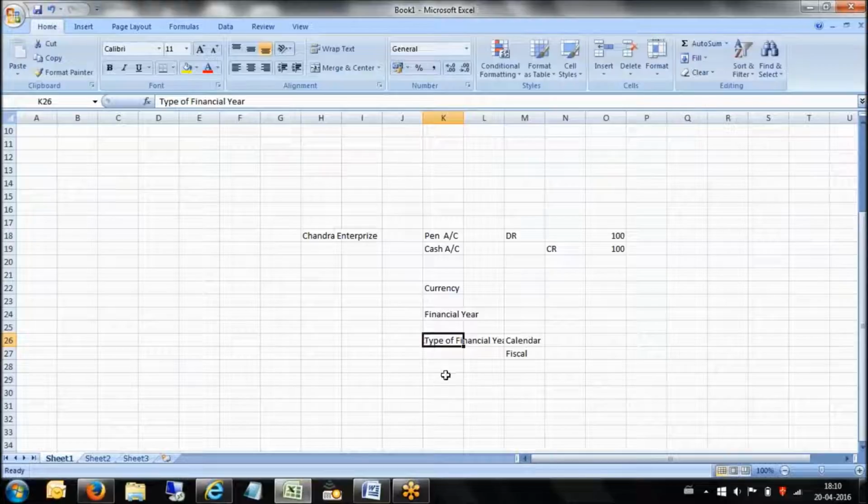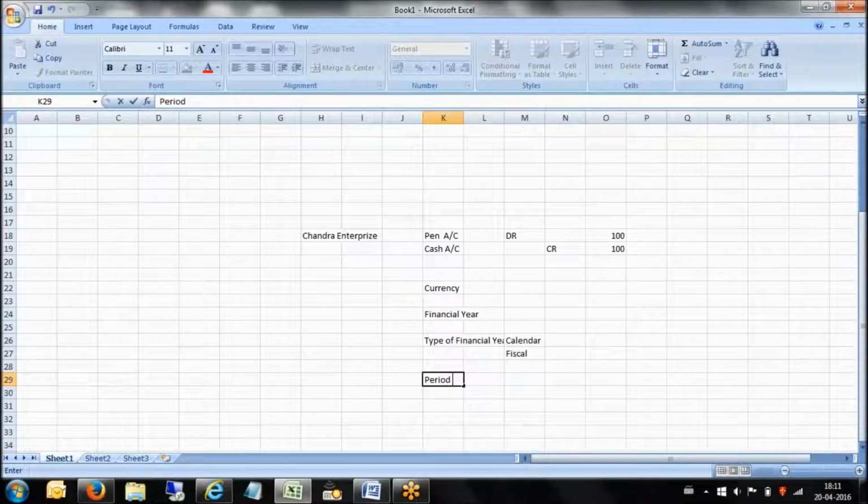Then what else do I need to know? I need to know in which period this transaction is to be recorded. What is this period? Basically, for reporting purposes, we need to divide one financial year into small pieces so that we can enter the data conveniently and retrieve the data conveniently.